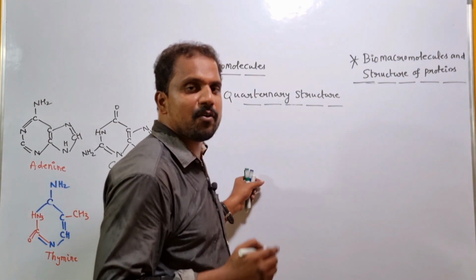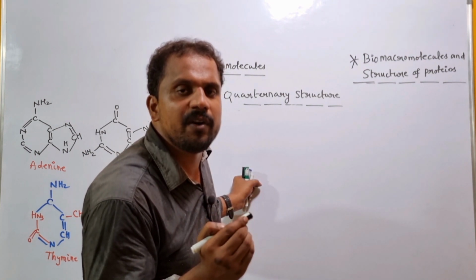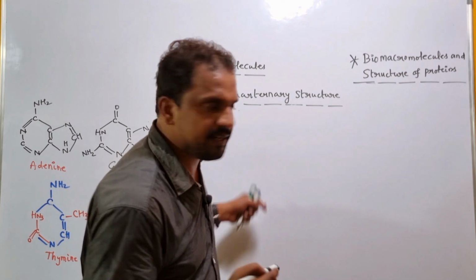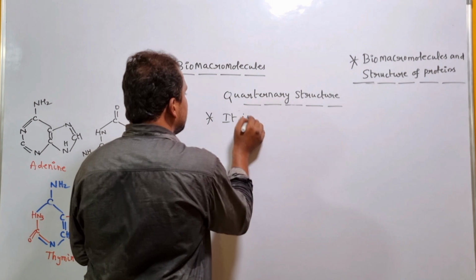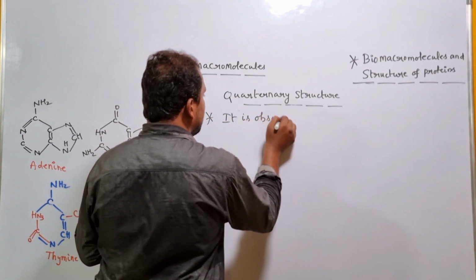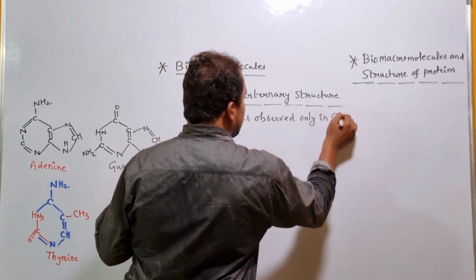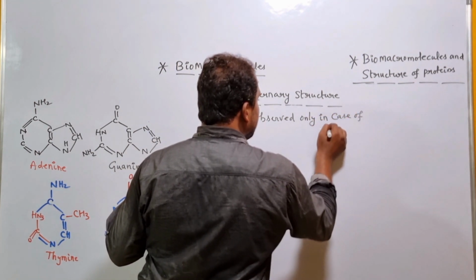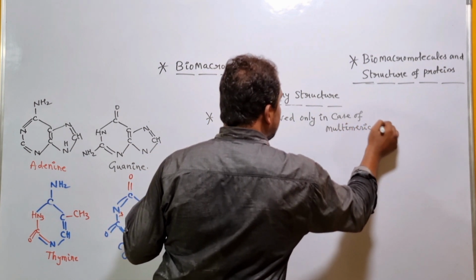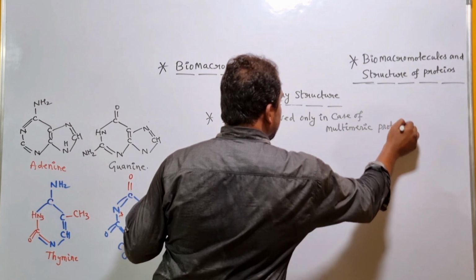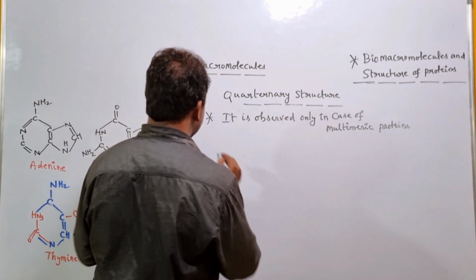The quaternary structure of protein is observed only in multimeric proteins. Is it clear? So here four polypeptide chains may remain in the form of two identical subunits.